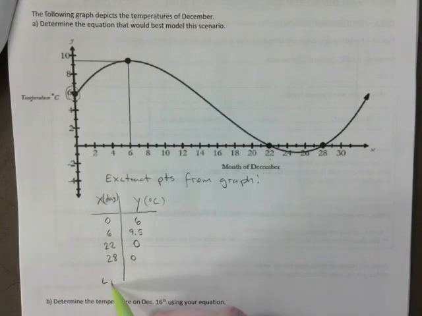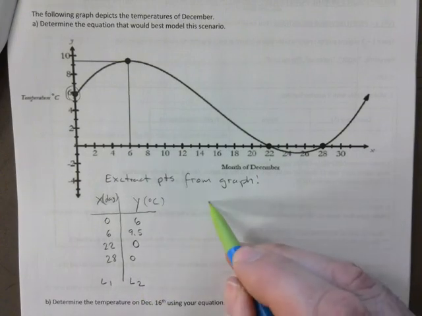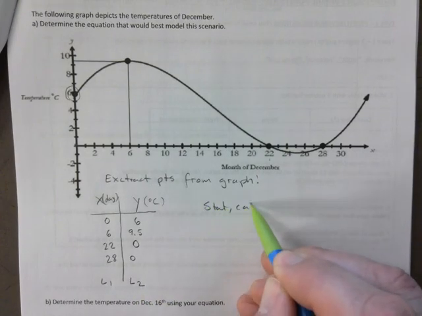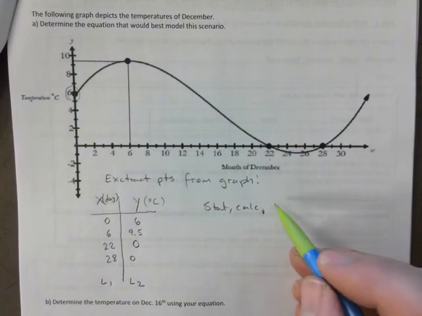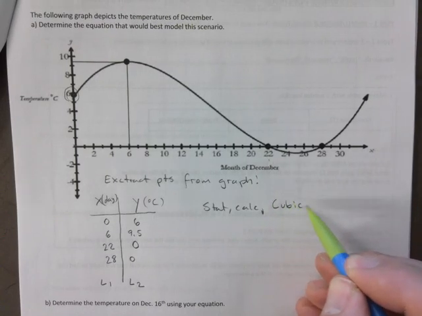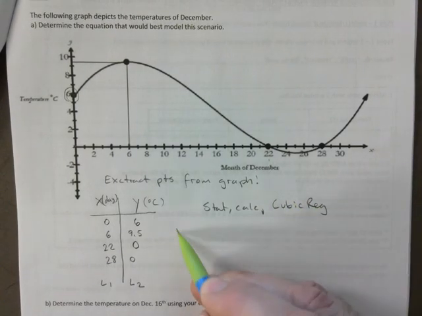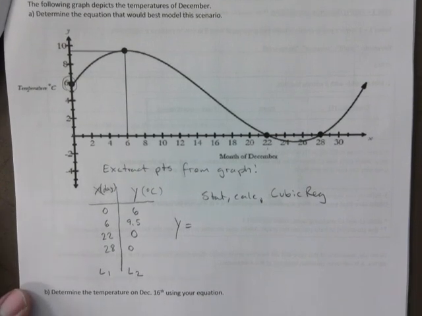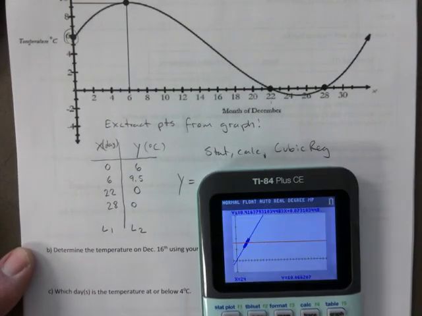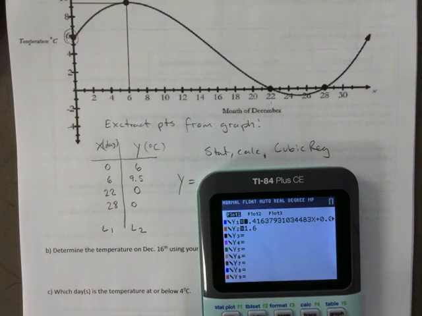You put this into L1, you put this into L2. Stat, calc, what regression are we talking about? Cubic, right? I hope at least you agree with me on that. And then you just come up with the equation. So let's do that. Clear everything.